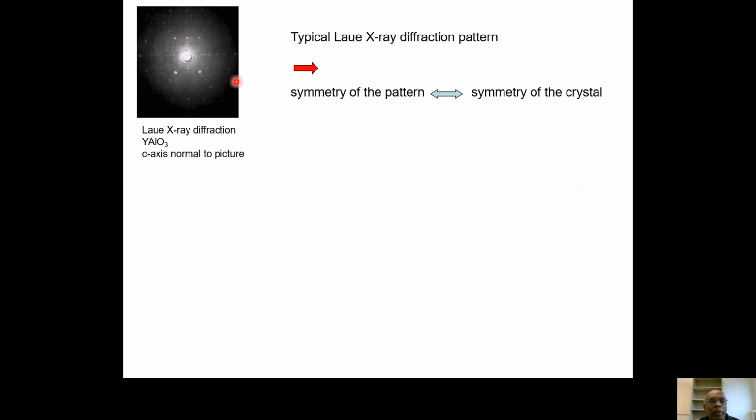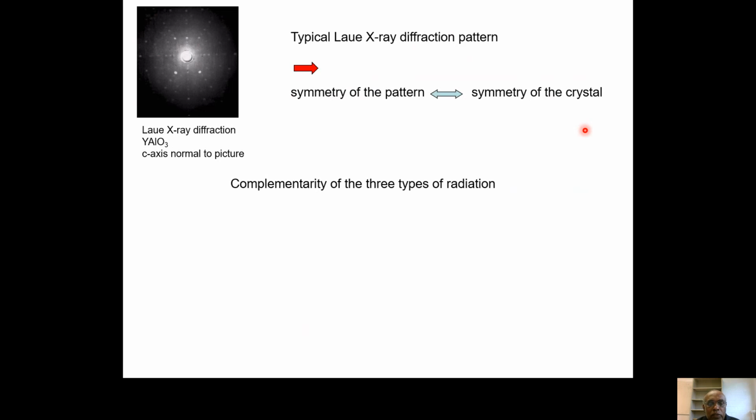That symmetry of the diffraction image is a reflection of the symmetry of your crystal. Sometimes you see rectangular or square fringes, sometimes hexagonal kinds of structures. Depending on that structure, you can tell the symmetry of your crystal.